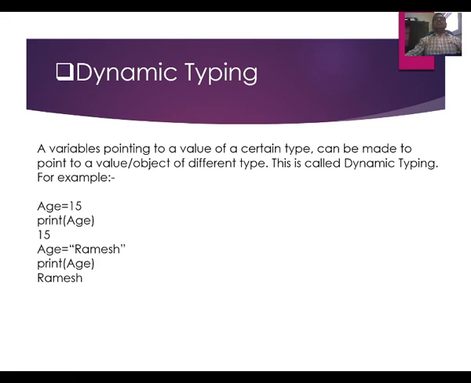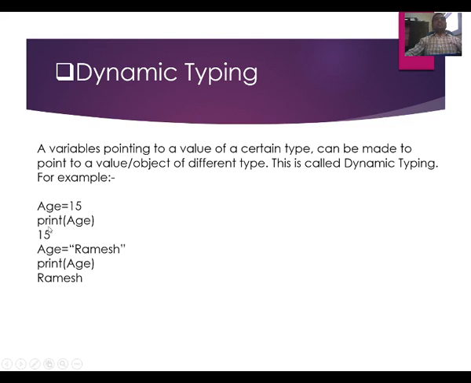That is, we can change the type of value of any variable during the execution of a program. For example, if we have age as a variable that contains the integer value 15, and we print age, it will display 15.